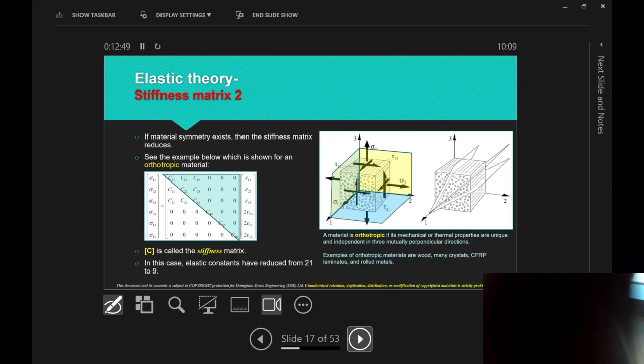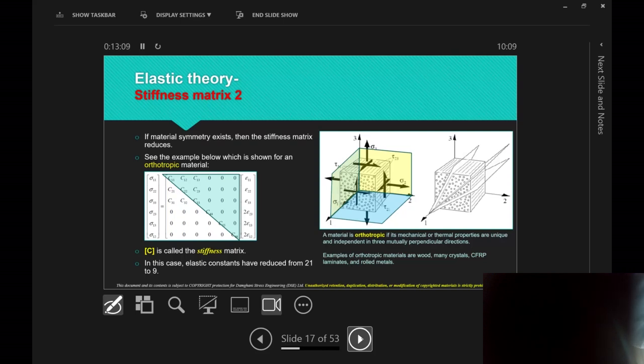These are uncoupled: its behavior here is independent of its behavior there. As you've got 3 perpendicular or orthogonal planes, it's called orthotropic material.